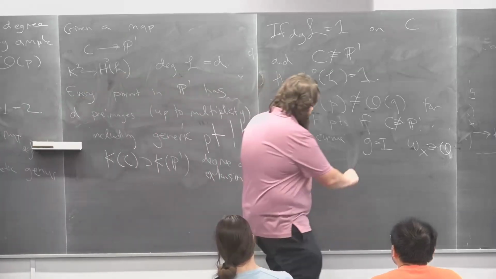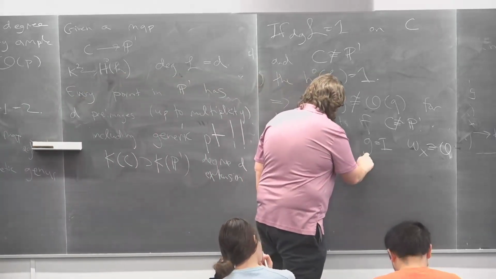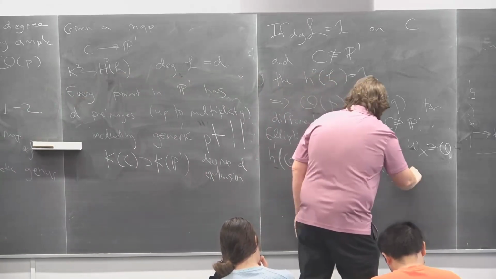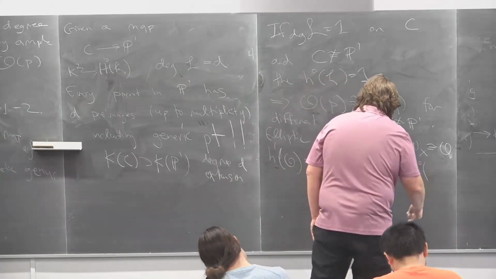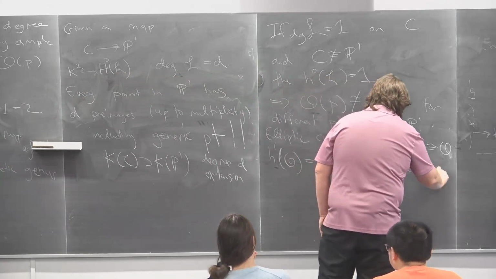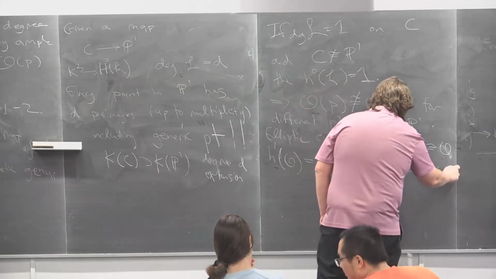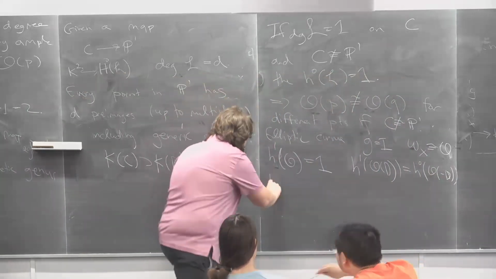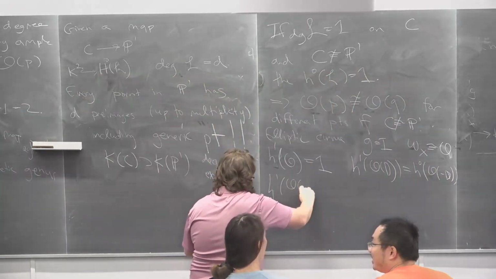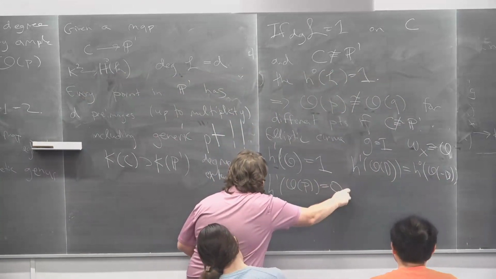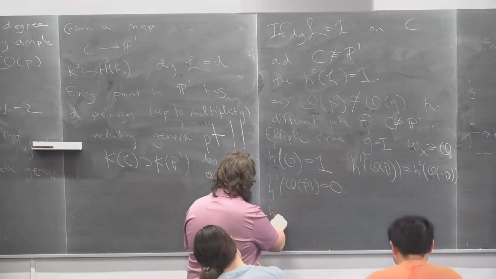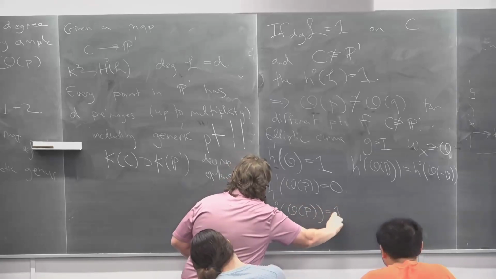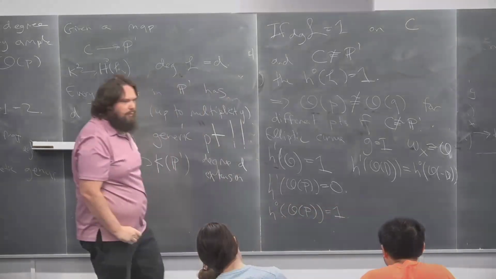So on an elliptic curve, h1 of O of D is h0 of minus D. In particular, h1 of O of P is 0, so the only way the Euler characteristic can work out is if h0 of O of P is 1.